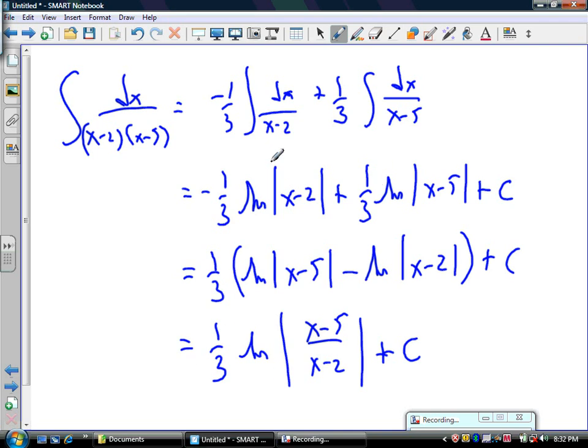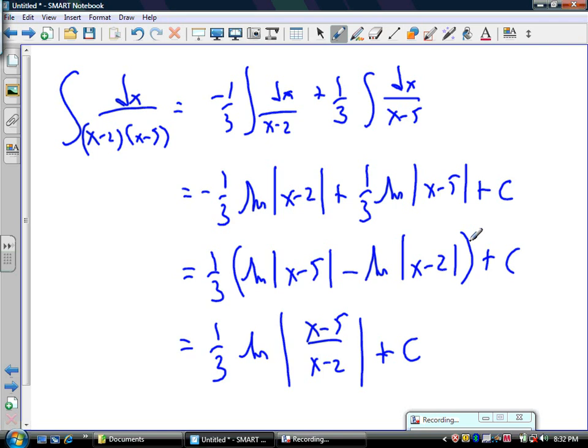If I took out the 1/3, then this is still negative. I'm thinking, that means I'm subtracting, right? So I just swapped it. This is still negative. This is still positive. I didn't change any signs, right? I just moved it. And then remember that the difference of two logs is the log of the quotient of the arguments of those two logs, right? So that's an answer, that's an answer. Either way, that's integration by partial fractions.